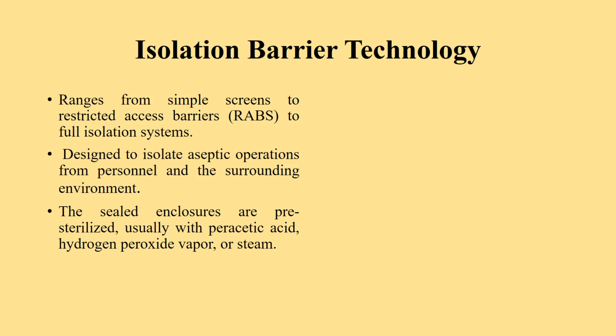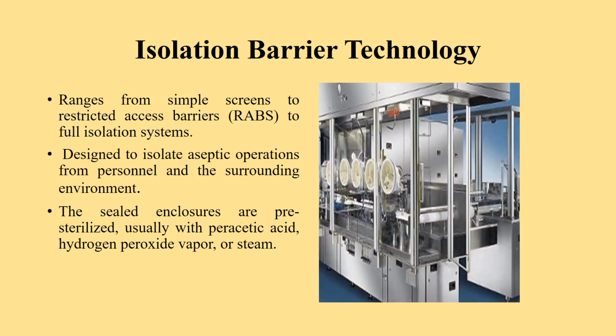The sealed enclosures are pre-sterilized, usually with peracetic acid, hydrogen peroxide vapor, or steam. So this is your isolation barrier technology, which separates the working personnel from the aseptic operations.